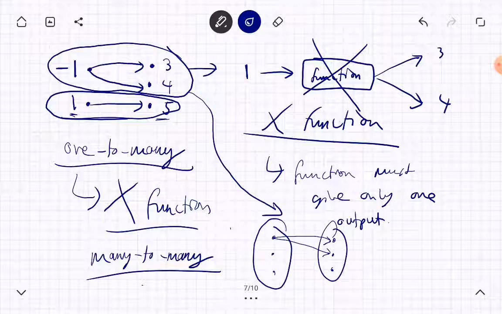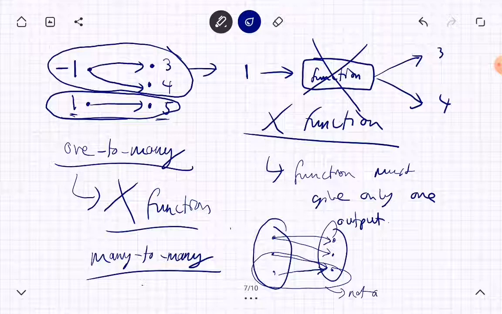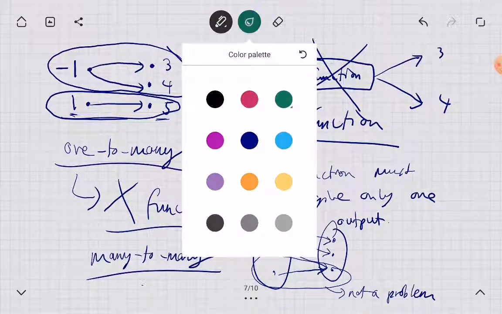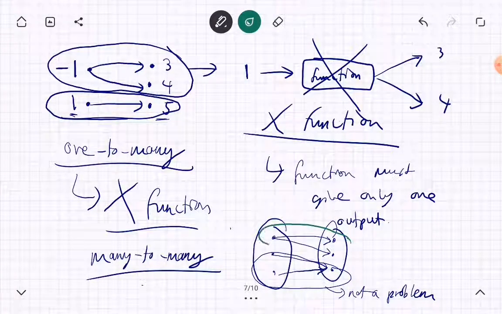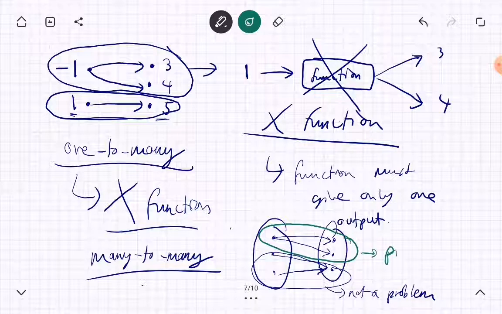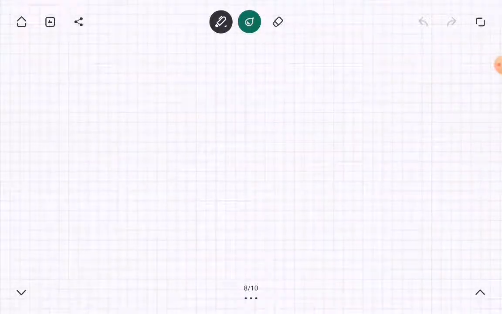And then you also have a one to many relation. So what's a one to many? Maybe something like this. This is not a problem, but this is a problem. Having two outputs is a problem. So you cannot have multiple outputs for a single input.